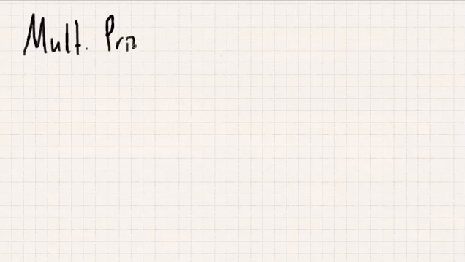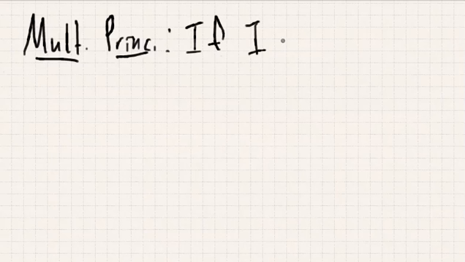The multiplication principle says, the book says it a little bit differently, but let's do the simplest case.